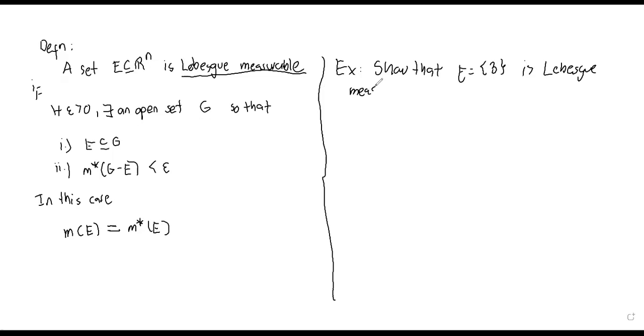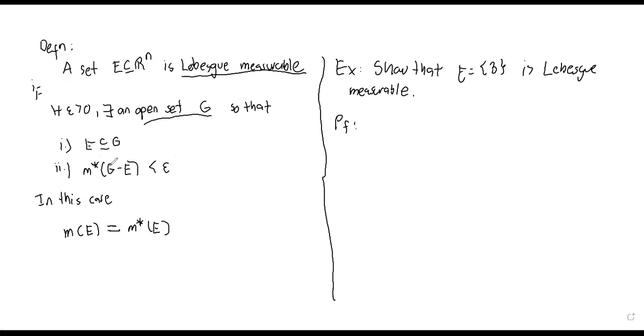So paano natin ipo-prove na Lebesgue measurable ang isang set? Okay, first dapat kaya nating mag-produce ng open set G, na yung open set G dapat nasa loob niya yung given set natin. And pangalawa, kailangan mapalabas natin tong second condition na yung Lebesgue outer measure ng difference nila must be smaller than arbitrary epsilon.